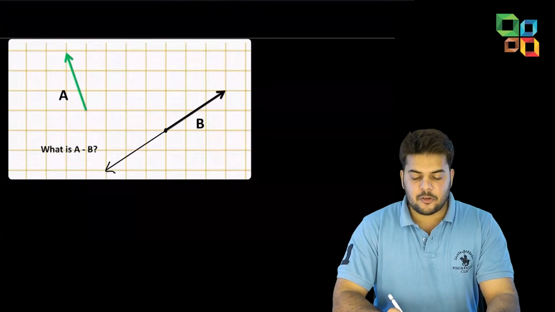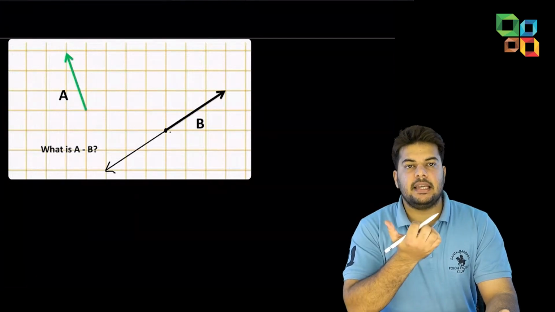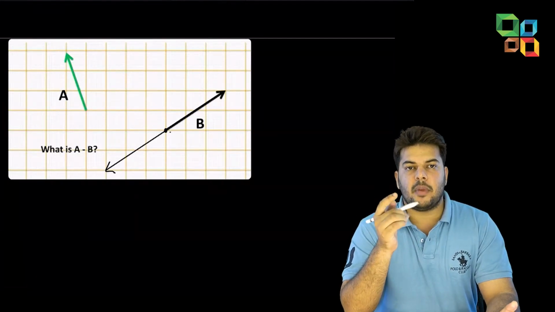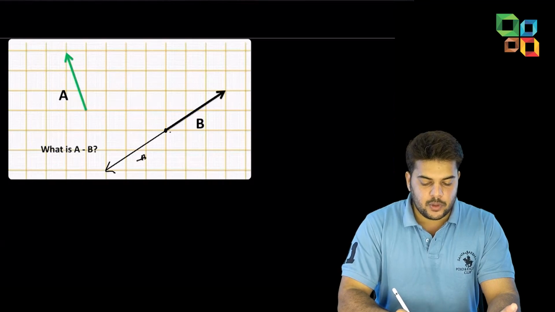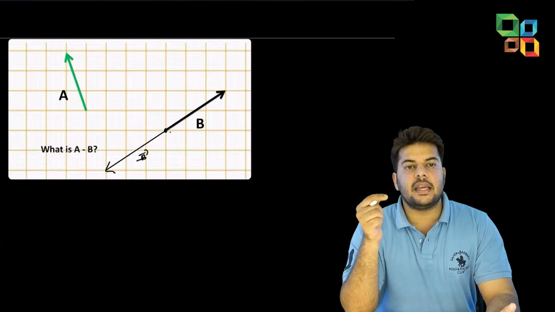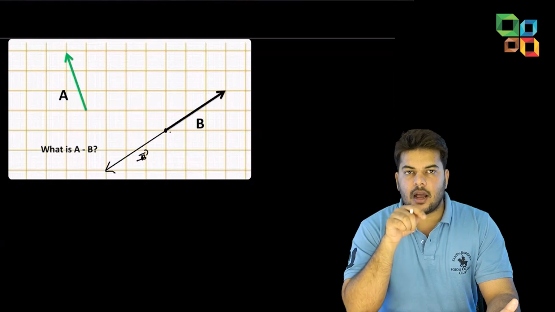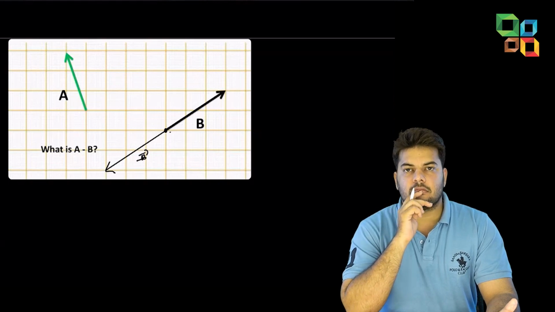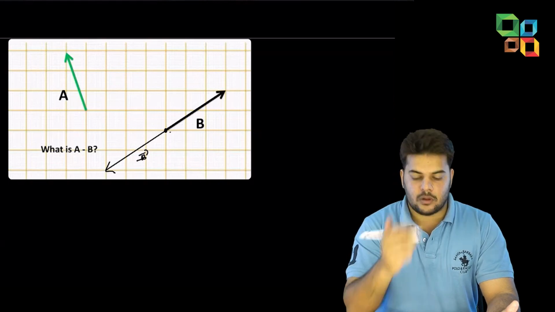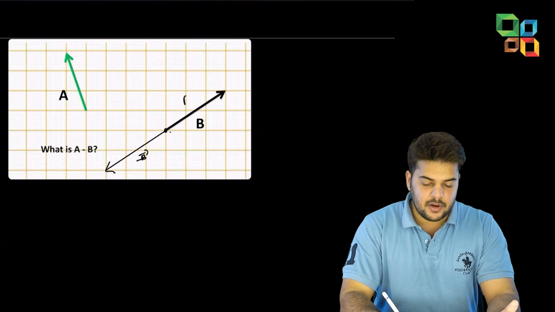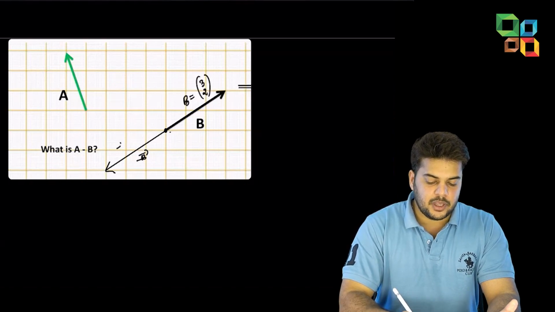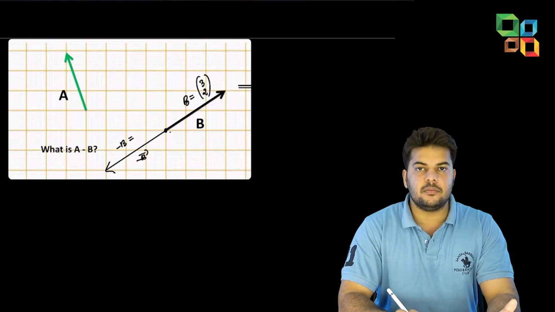So in the case of B, I was going 3 steps to the east direction and 2 steps to the north. But in the case of negative B, I'm doing exactly the opposite. I'm going 3 steps backward, 3 steps to the west and 2 steps to the south. Sorry, negative B vector. If B vector is equal to 3, 2, then negative B vector, look at that, what happens here.